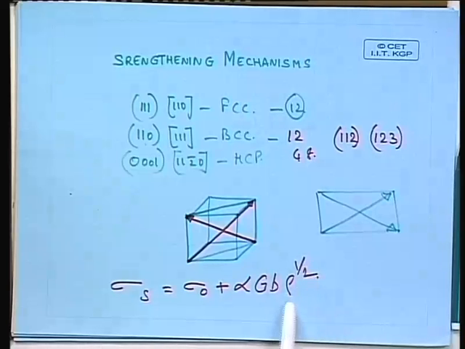So if you keep on adding dislocations to the material, you can see there is a direct relation between the yield strength of the material and dislocation density. But at the same time, when you make the dislocations 0, this formula does not really hold good.